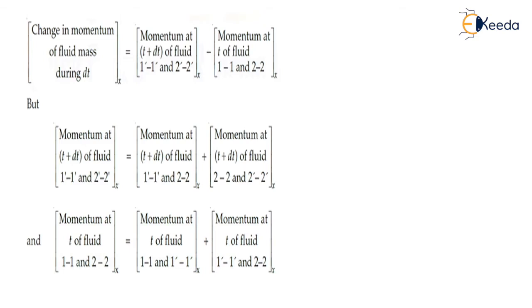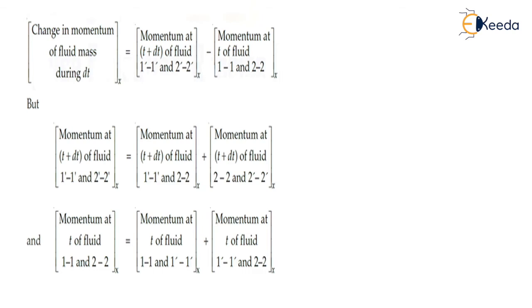Change in the momentum of the fluid mass during time dt in any arbitrary direction x is equal to the momentum at time t plus dt of fluid 1-1 dash and 2-2 dash minus the momentum at time t of fluid 1-1 and 2-2.